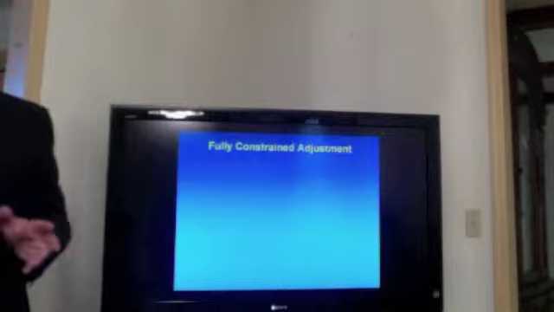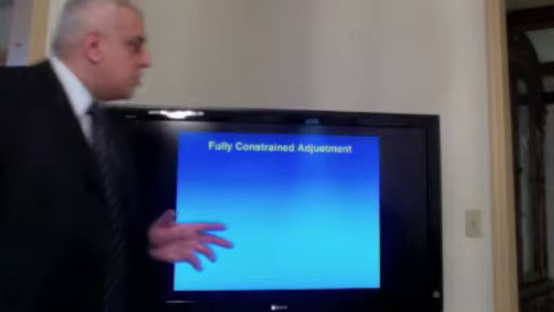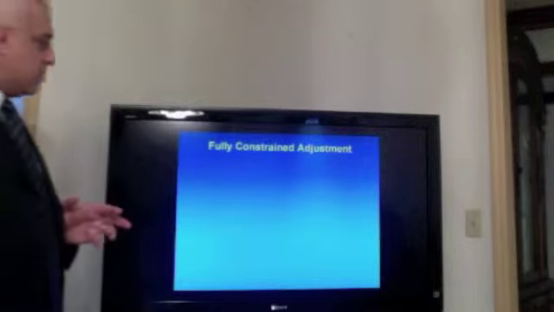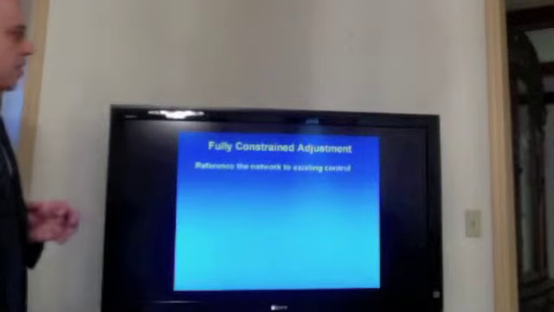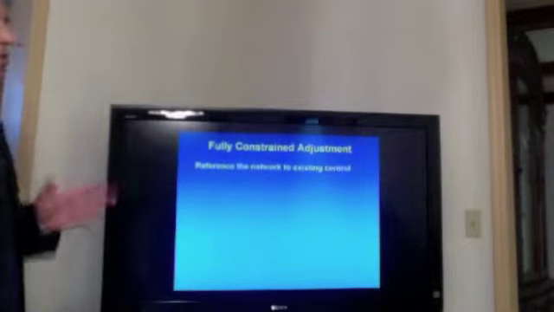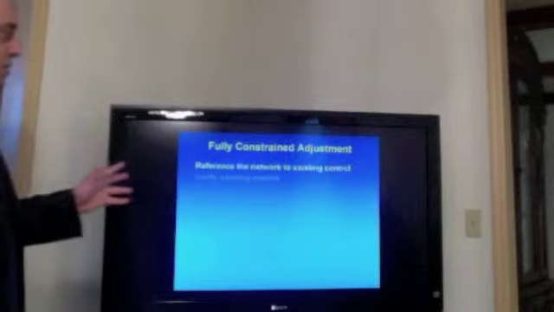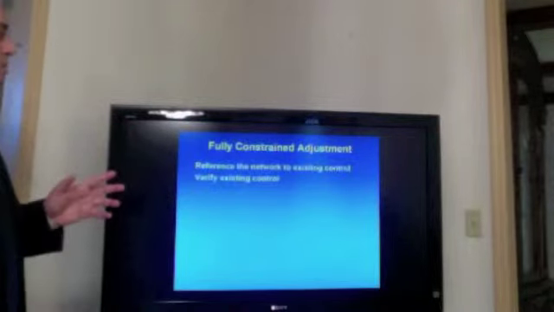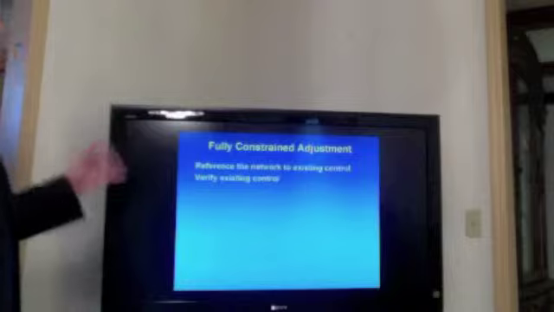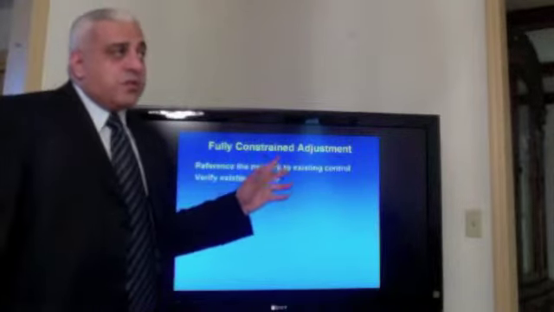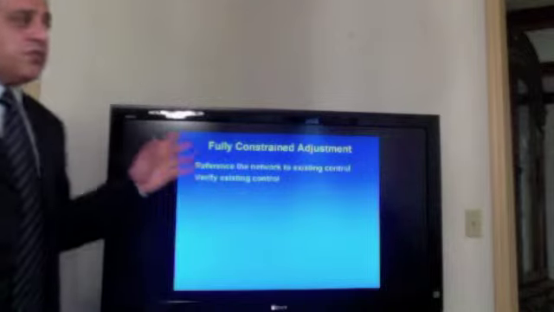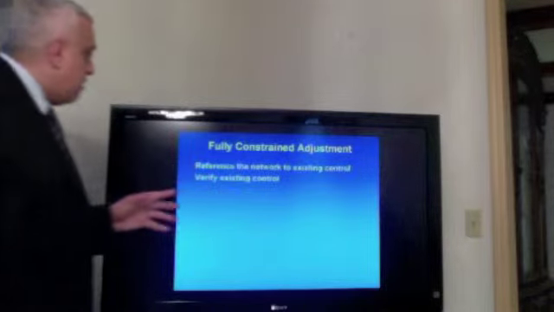Let us talk now about the second phase, which is the fully constrained adjustment. In fully constrained adjustment, we need to reference ourselves to the existing control, to the system, as I told you before, and also verify the existing control. Maybe we have one bad or disturbed control or something like that.